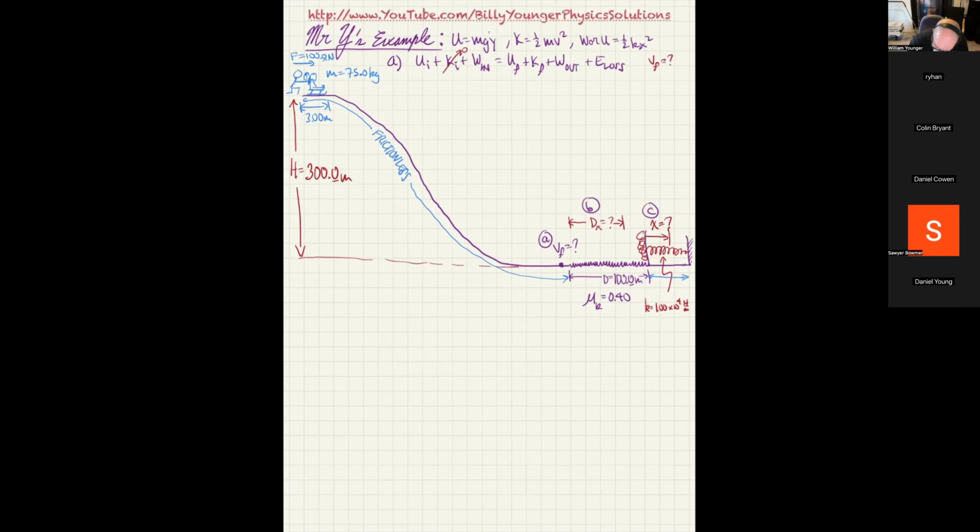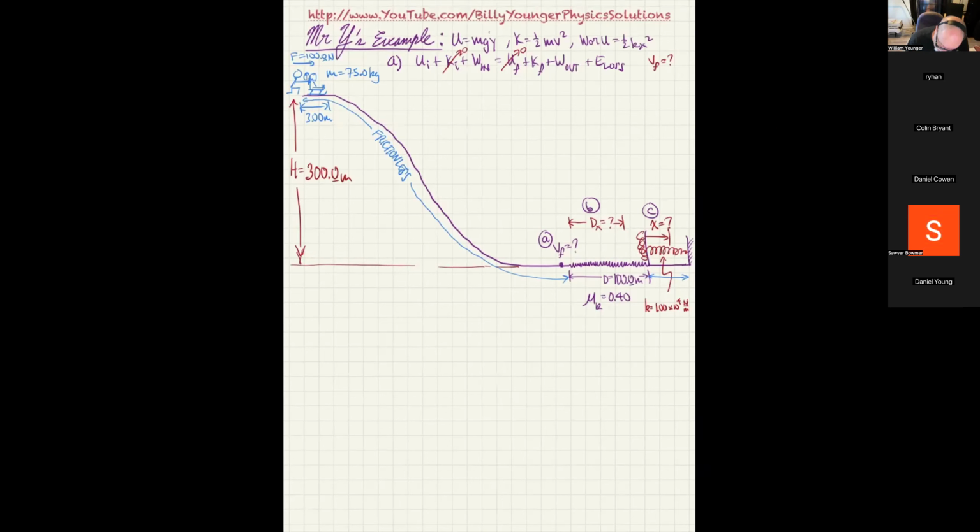Now, since I drew this red line that's supposed to be the same height as the flat ground below, even though I've made it a little crooked, what I'm trying to tell you is that y is equal to zero on the flat part at the bottom. And since the potential energy is mgy, the potential energy at the bottom will be zero.